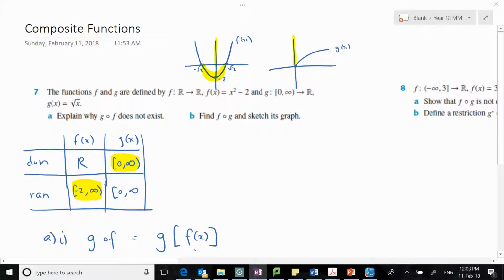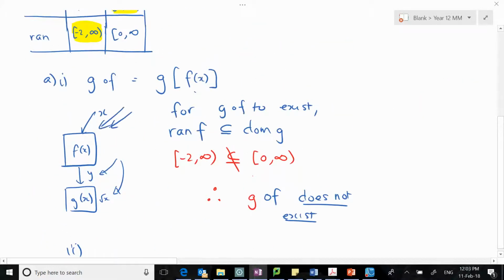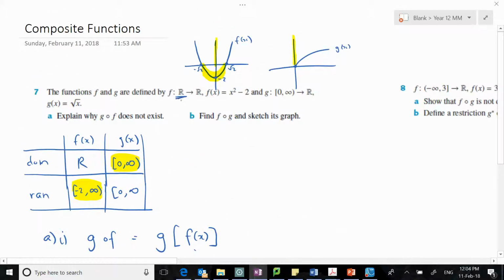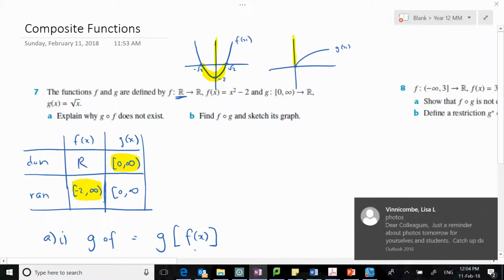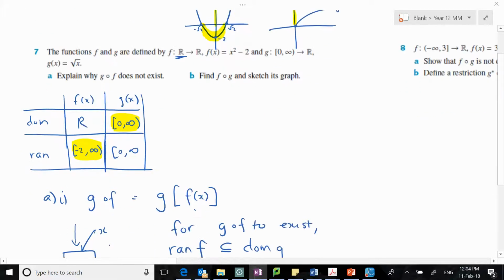Well, clearly, from f of x, the values that you can put in, you have to restrict that, because initially it had no restriction. It said you can take anything you want. It's R. So for it to work, you're going to have to fix this problem. So the question is, how do you restrict the domain so that you can have what you want?